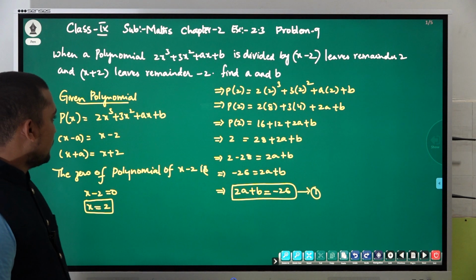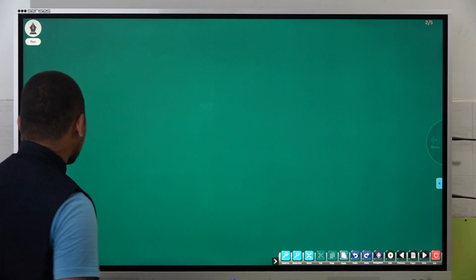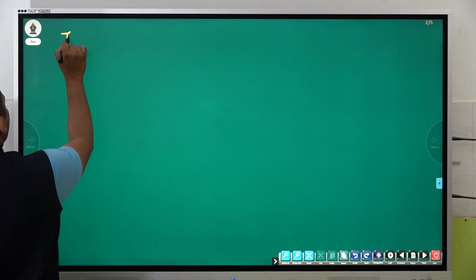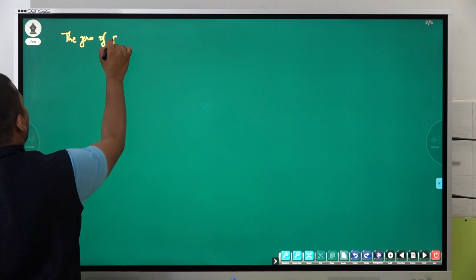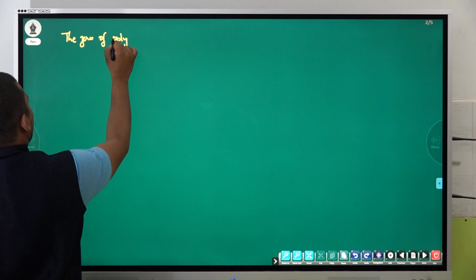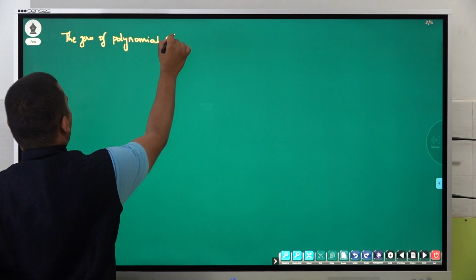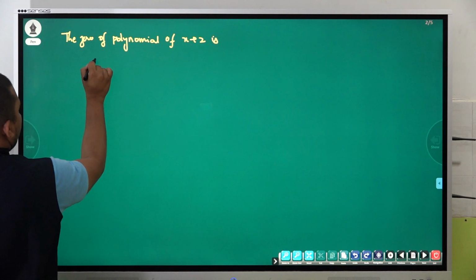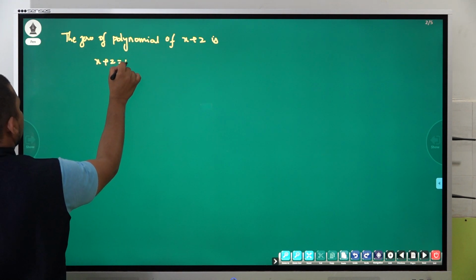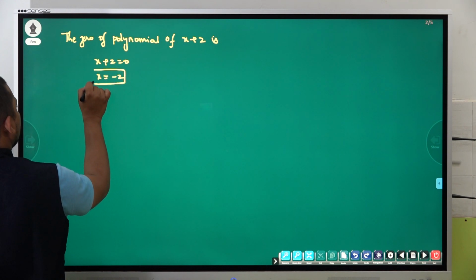Okay, now we should find out the 0 of the polynomial for x plus 2. The 0 of polynomial of x plus 2 is x plus 2 is equals to 0, x is equals to minus 2.